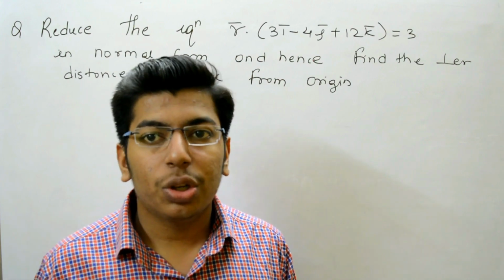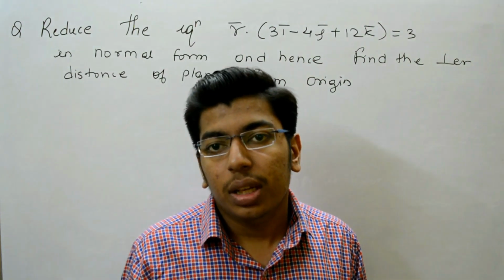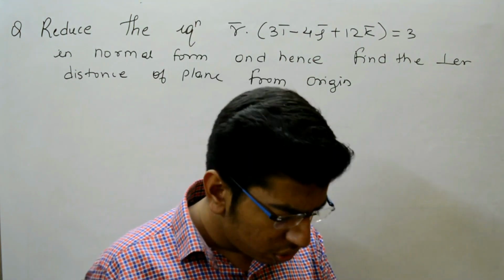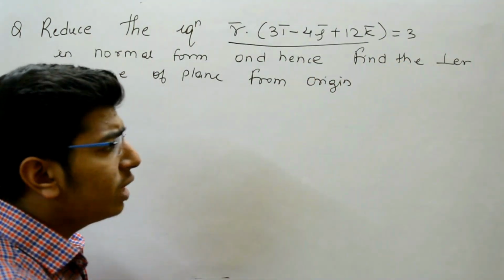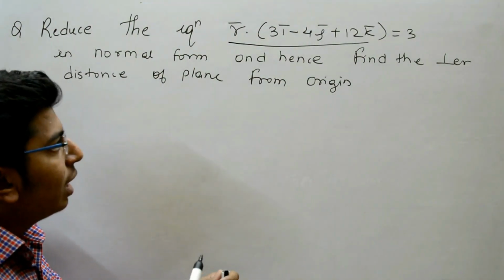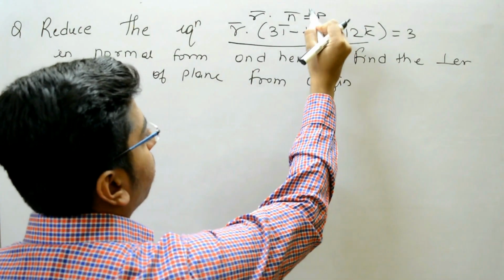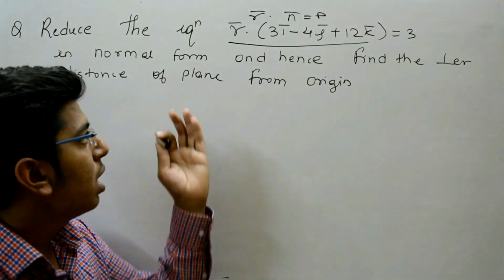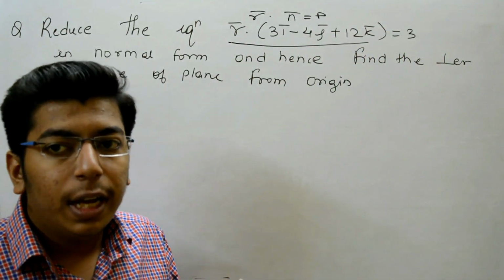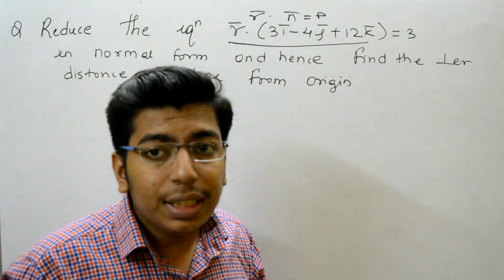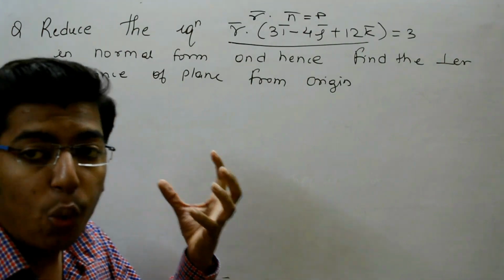I am sure that if you have tried this example, you might be confused only here. It is in the form r bar into n bar equal to p, and we have to reduce it to the normal form and find the perpendicular distance between the plane and the origin.